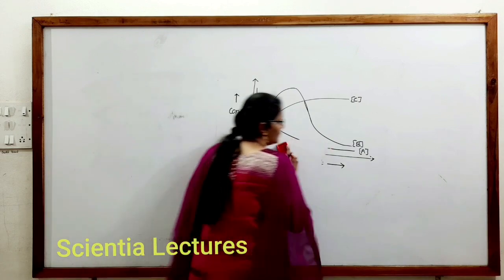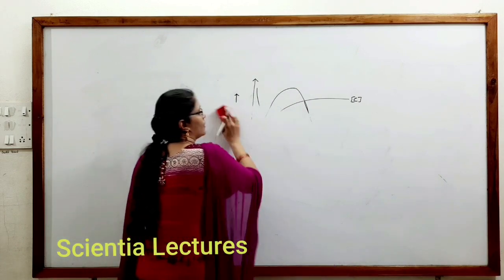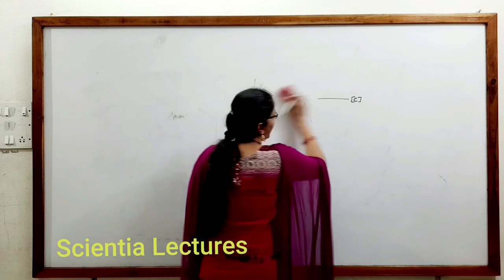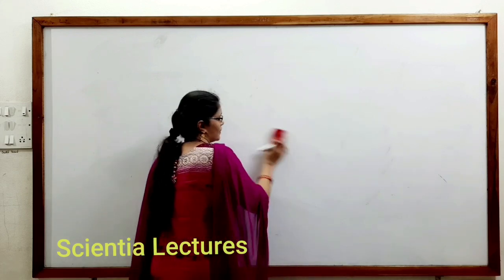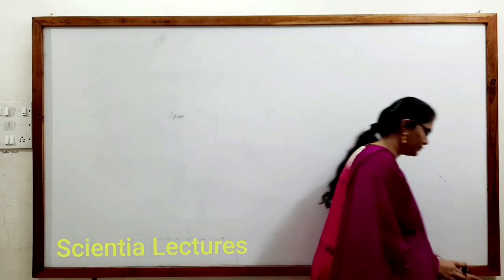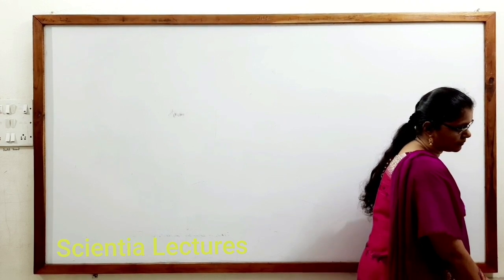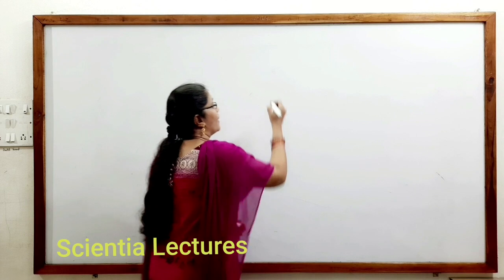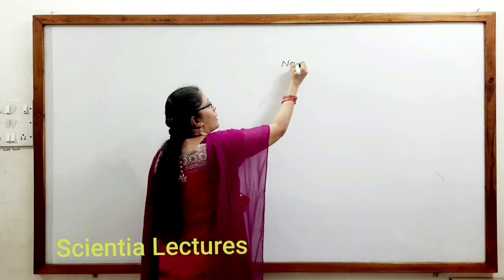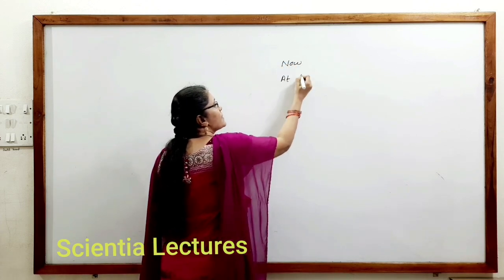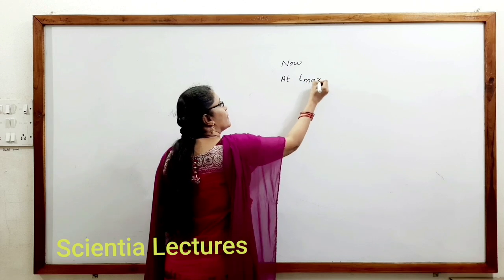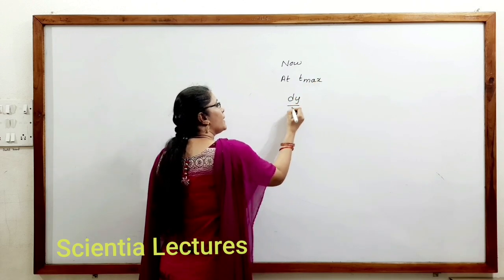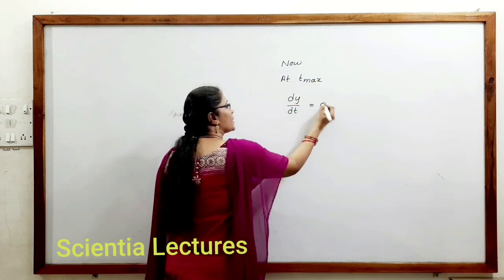Now let us see what the Tmax is. At Tmax, dy by dt must be equal to 0.